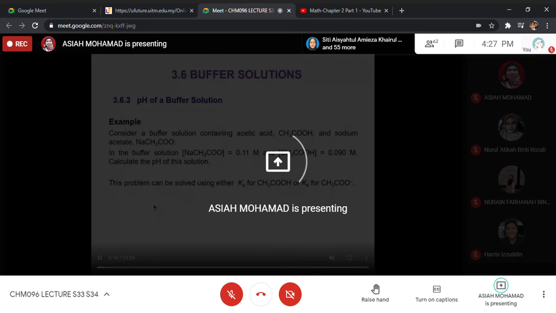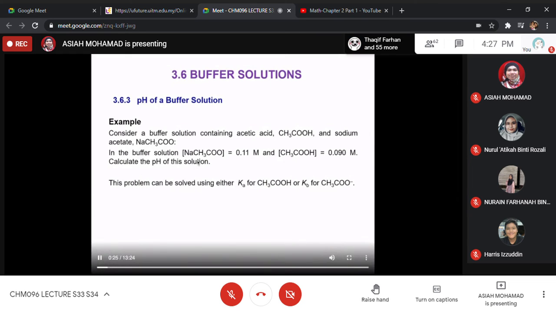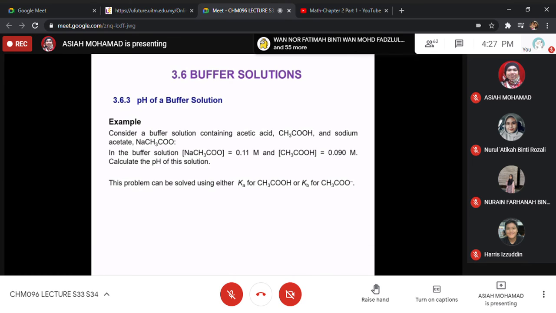Solutions. How does the buffer work? The common ion effect, the shifting of the equilibrium, and now you are going to learn how to calculate the pH of a buffer solution. Let us look at this example of an acidic buffer solution.